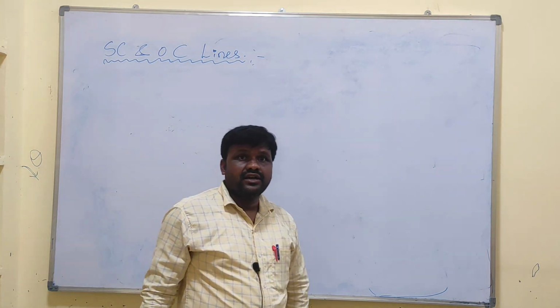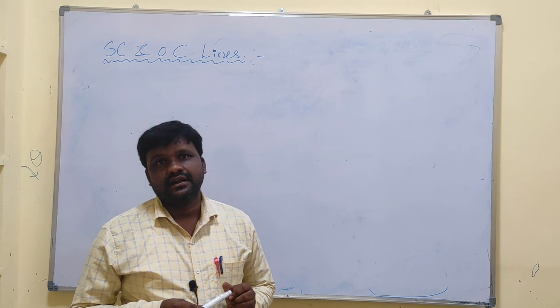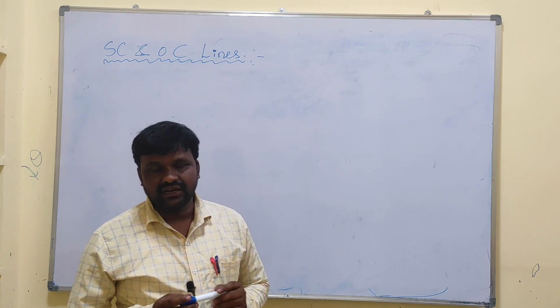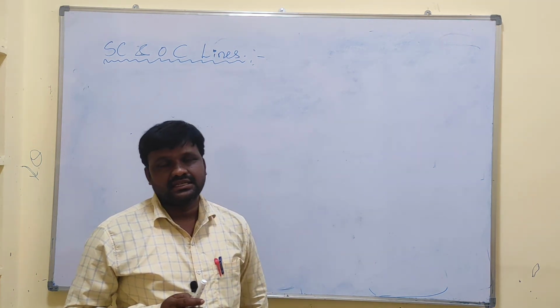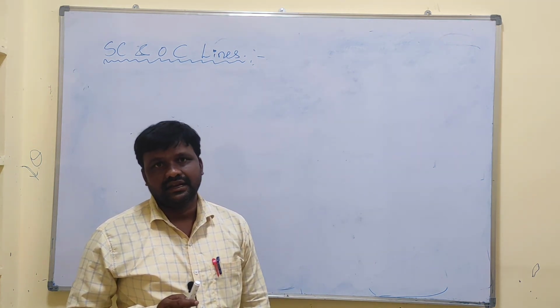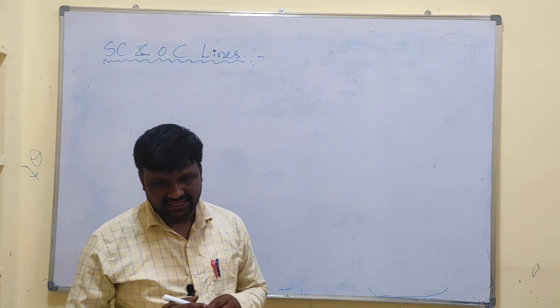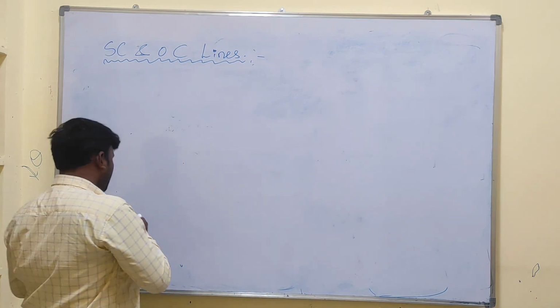In last class, we derived the input impedance of the transmission line. That is Zin equal to Z0 into (ZL cosh γL plus Z0 sinh γL) divided by (Z0 cosh γL plus ZL sinh γL). We can write that in terms of tanh also.